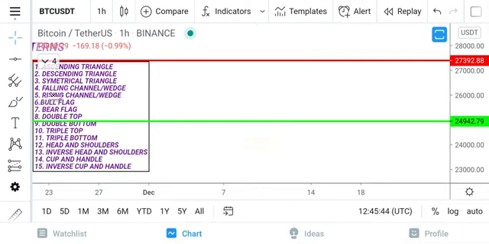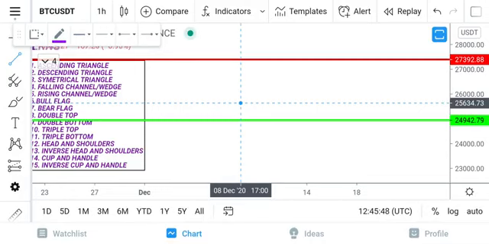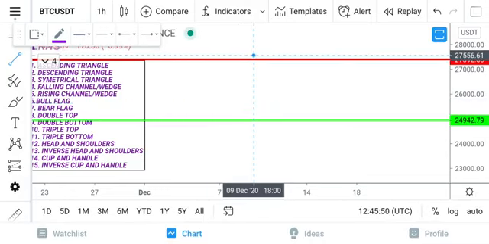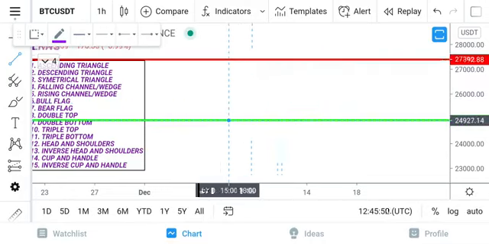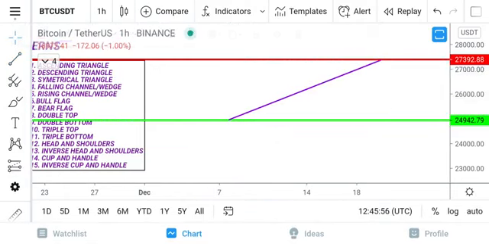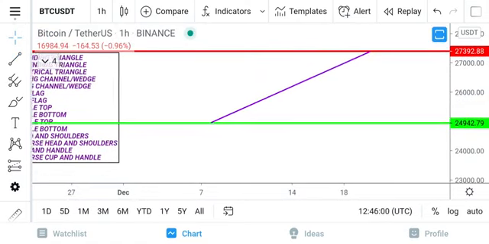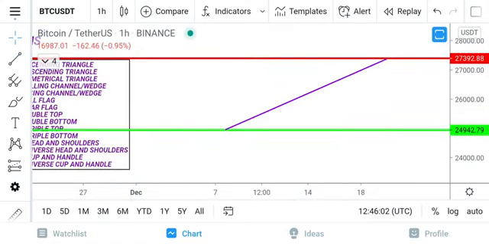So for an ascending triangle to form, you are going to have a horizontal resistance and a diagonal support.